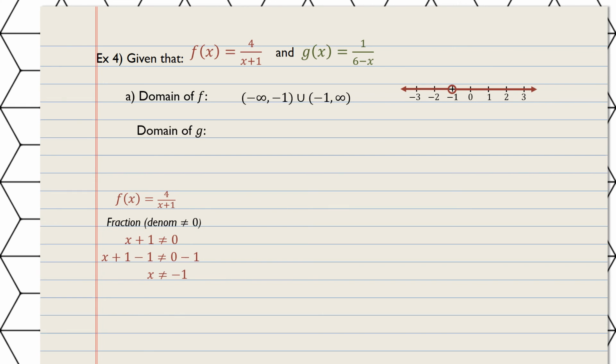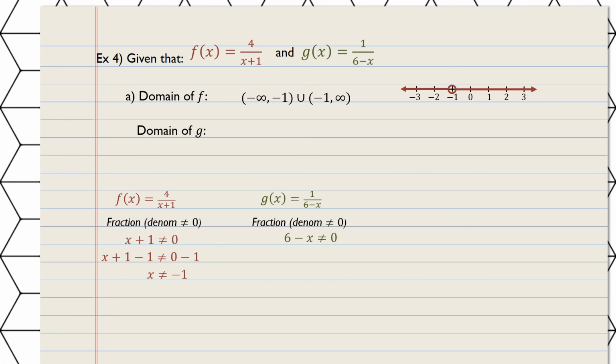Next, we're going to look at the domain of g, which means only looking at the g function, which is 1 all over 6 minus x. We ask ourselves, do we have a fraction? Yes, we do. Now, because we have a fraction, that means the denominator cannot equal 0. In this case, our denominator is 6 minus x.